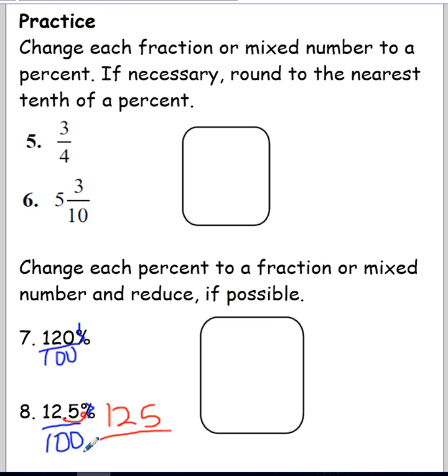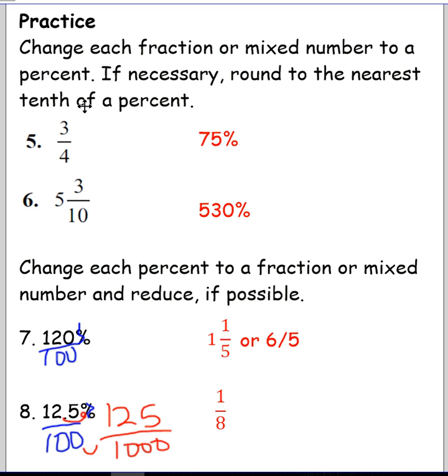So that means the decimal here at the bottom needs to be moved over as well. So instead of 100, we have to add a 0 and make it 1,000. So 125 over 1,000 is the unreduced fraction form of 12.5%. So go ahead and simplify that. Pause the video while you work on those and then check your work.